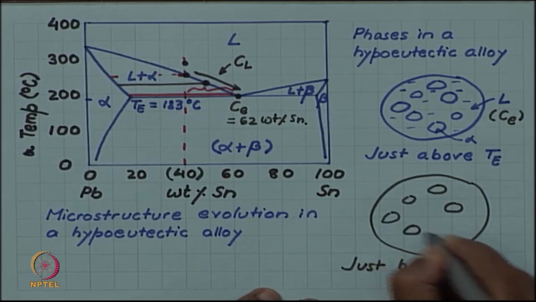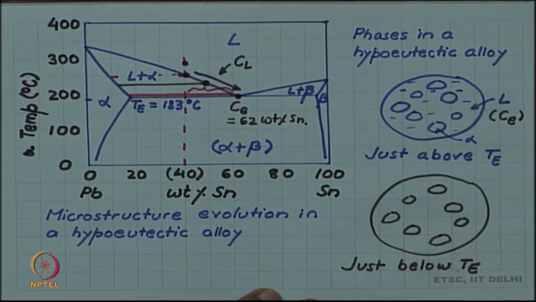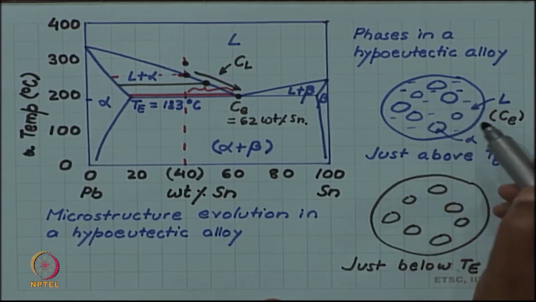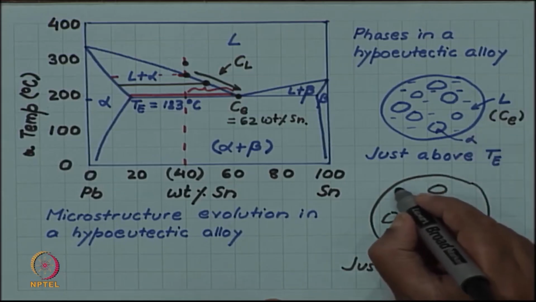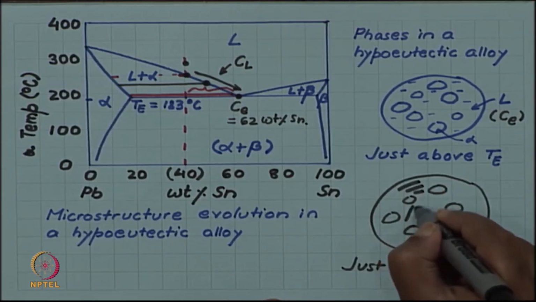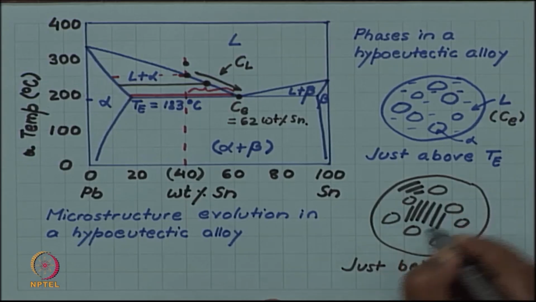I am trying to copy the alpha which I have drawn in that diagram, but what I had drawn as liquid will now transform into a mixture of alpha and beta. So, it will transform into the eutectic mixture which we had talked about.